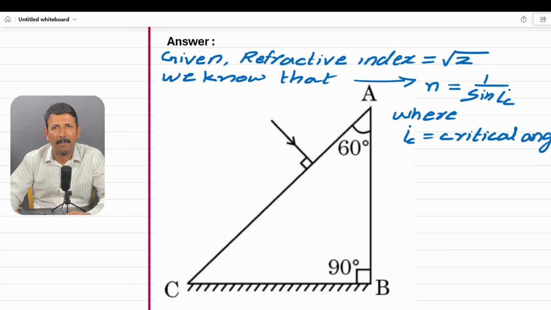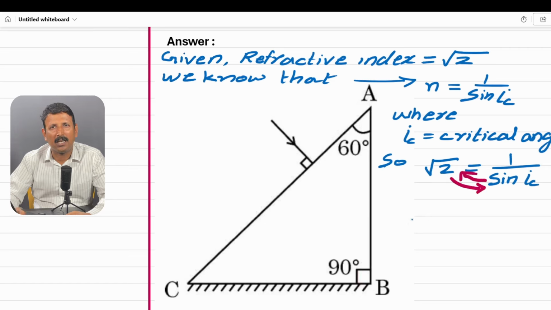Substituting, square root 2 equals 1 divided by sine iC. Now a small cross multiplication: the right side denominator goes to the numerator on the left, and the left side numerator goes to the denominator. So sine iC is equal to 1 by square root 2.